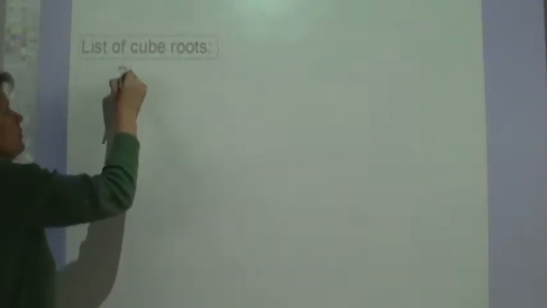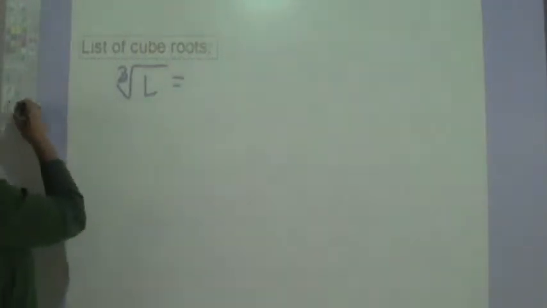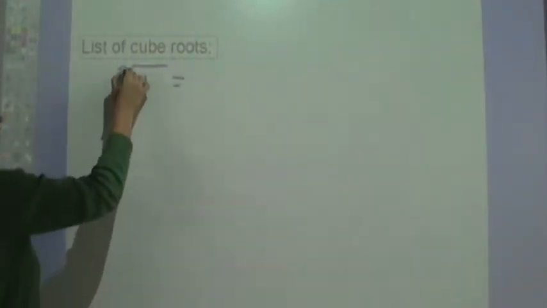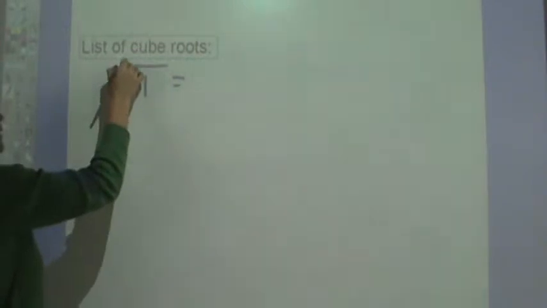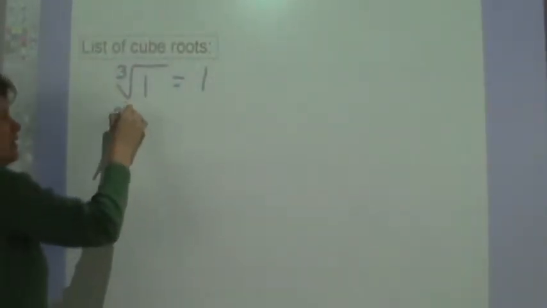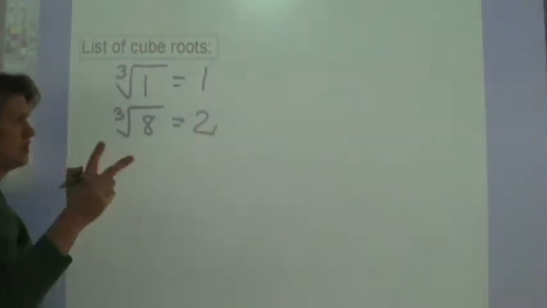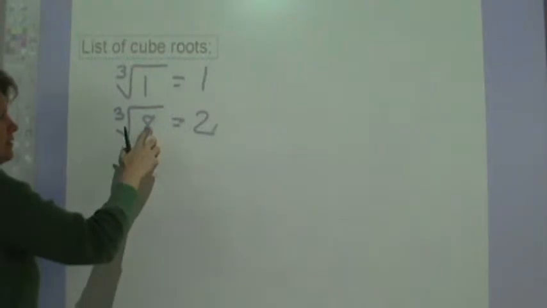So the cube root of 1, we're saying what number times itself times itself gets me 1. Well, that's 1, okay? Cube root of 8 is going to be 2, because 2 times 2 is 4, 4 times 2 is 8.